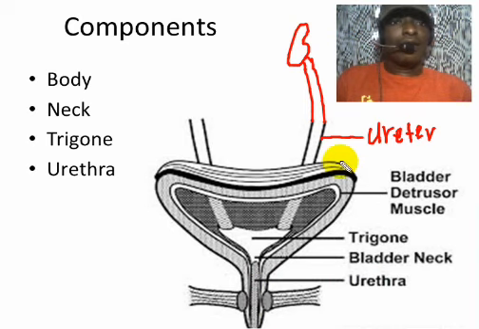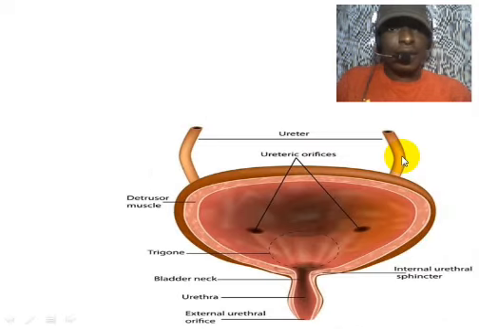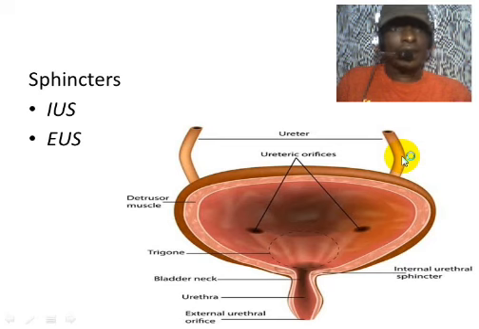Alright, fantastic. Going forward, the next component of the human bladder is the sphincters. There are two types of sphincters. The first one is known as the internal urethral sphincter, and the other one, the external urethral sphincter. Okay, good.